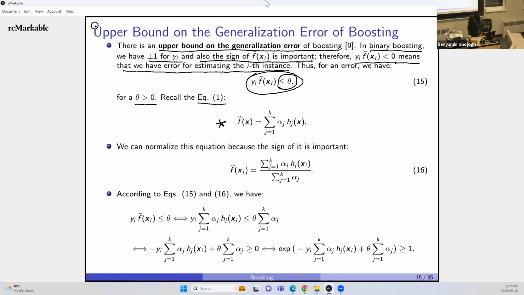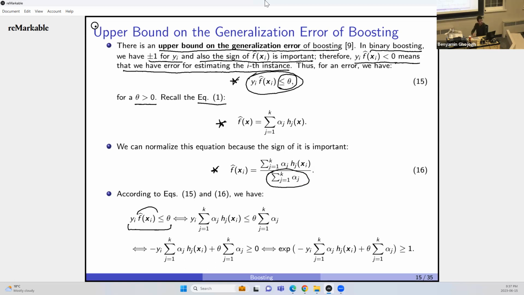This was equation 1. We can normalize this equation because the sign of f hat of x is important, not its value, the sign. Therefore, I can simply normalize it. Now, according to equations 15 and 16, we have what? I start with equation 15, and then I replace f hat of xi with equation 16.